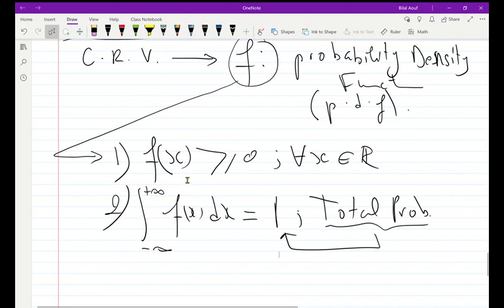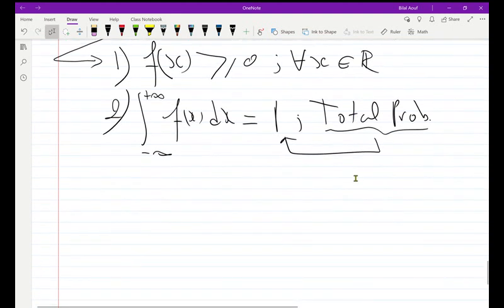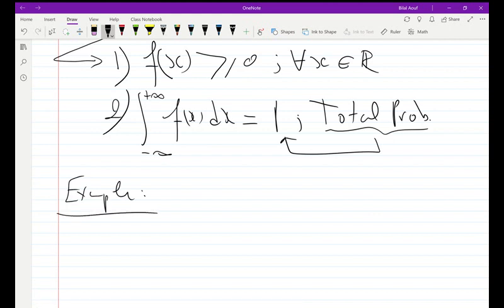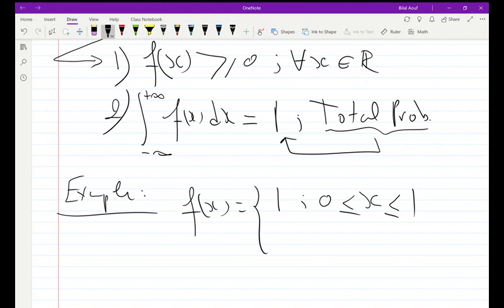In the lecture note, I gave you an example, which is defined as f of x, let me write it in here, that's the example, f of x equal to 1 if x between 0 and 1 and equal to 0 elsewhere.